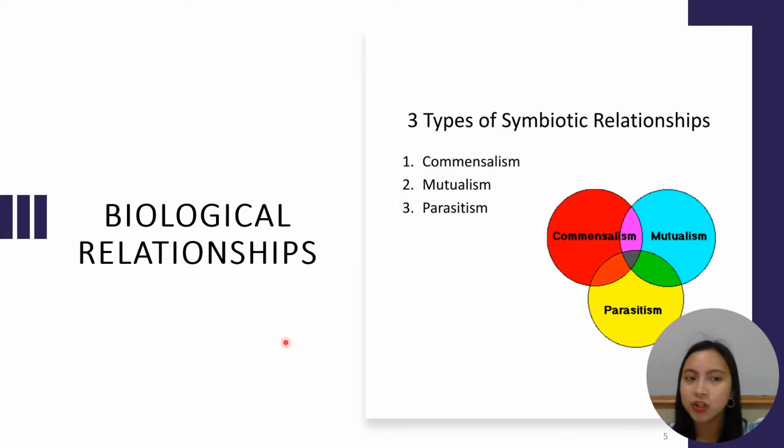So for the biological relationships that we have, class, there are actually three types of symbiotic relationships. That's commensalism, mutualism, and even parasitism. But before we proceed to the next slide, where I will be showing you diagrams on the difference between the three types of symbiotic relationships, what is the meaning of symbiosis? What do you think is the meaning of symbiosis?